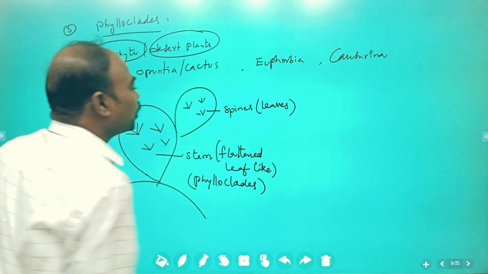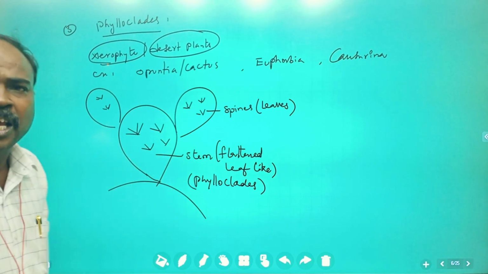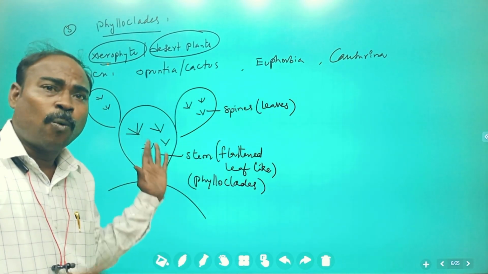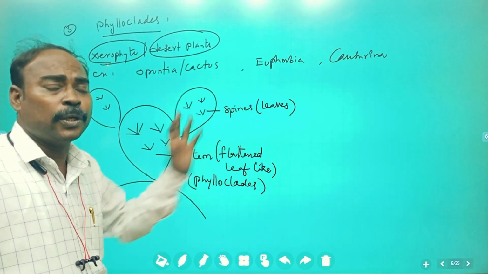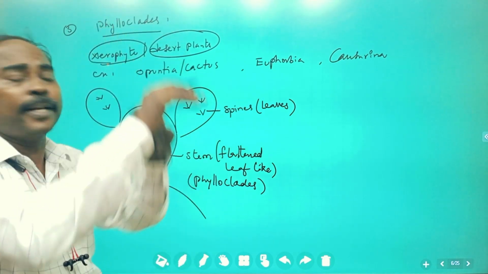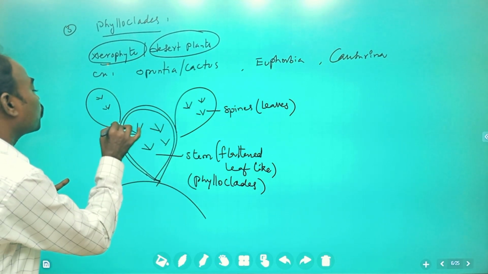So leaves are reduced into spines. What is the main purpose of the leaf? Perform photosynthesis. Here, to avoid the transpiration rate, leaves are reduced into spines. To perform the leaf function, the stem itself gets modified into flattened structures.